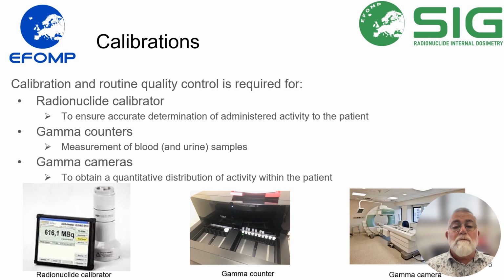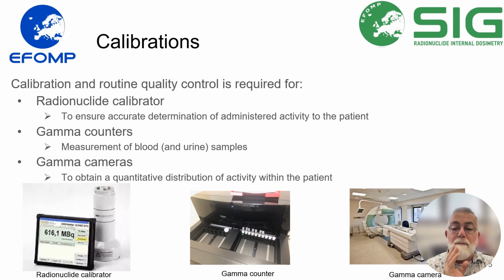Calibrations. You've got calibration of a radionuclide calibrator to make sure that the activity administered to the patient is assessed with good enough accuracy. You've got gamma counters, for example, if you need to count activity in blood or urine that can be taken out of the patient. And you've got obviously the gamma camera.